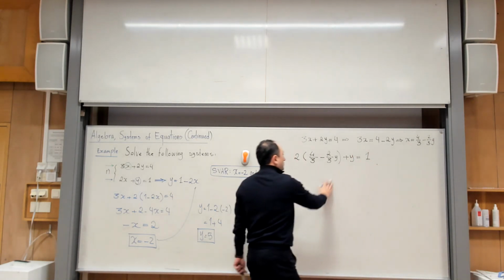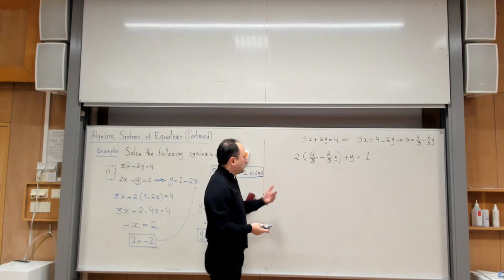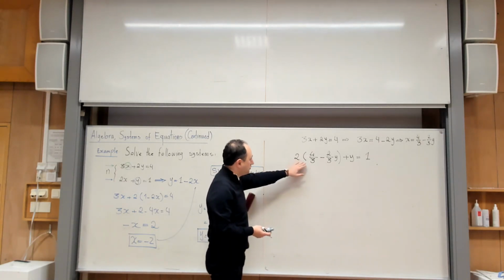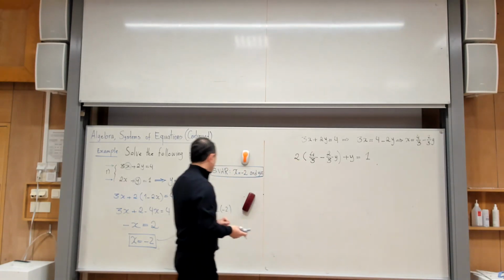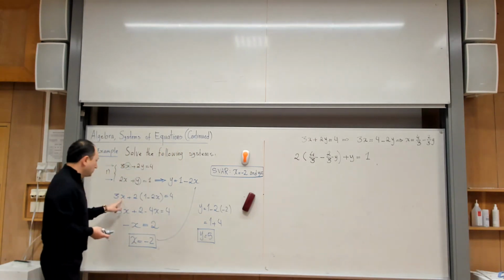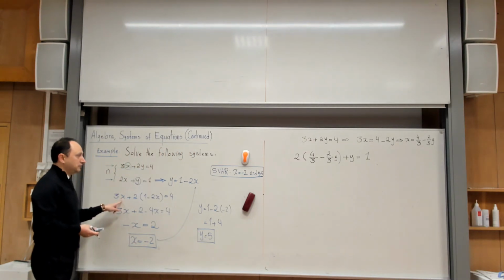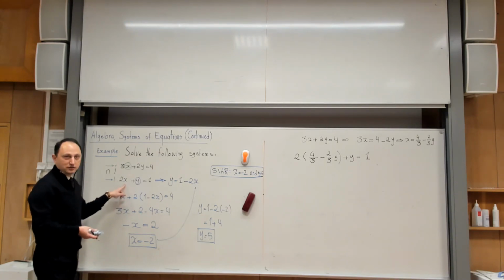I get this equation. Of course this is not very hard, but if you compare this equation that I have to solve with the equation that I solved in the previous choice, I hope you agree with me, this was easier, because we had a better decision there.